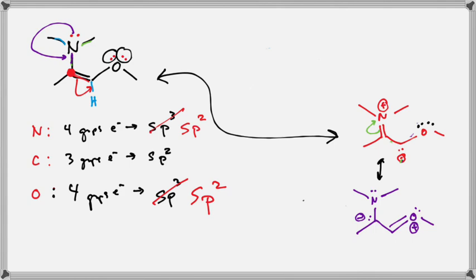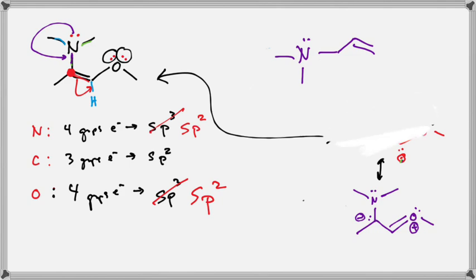What things could we look for to help us recognize that we've got resonance? Lone pairs. Lone pairs are a giant red flag. We should be looking for resonance. Do I need to be worried about resonance here?